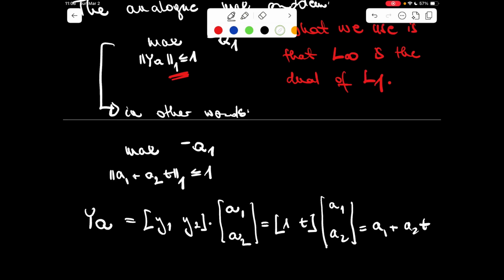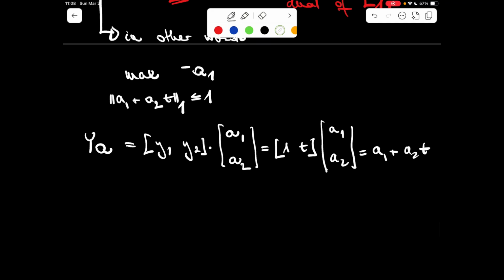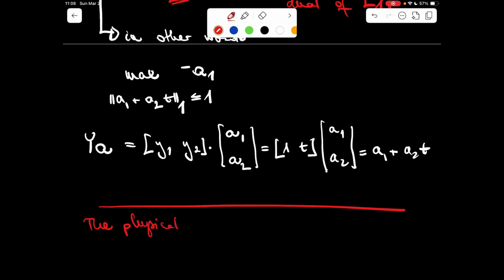Okay, before moving on, let's have a look at the physical properties of the problem. It's gonna be instructive. So let's try to draw a figure.